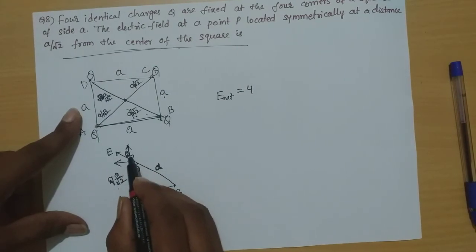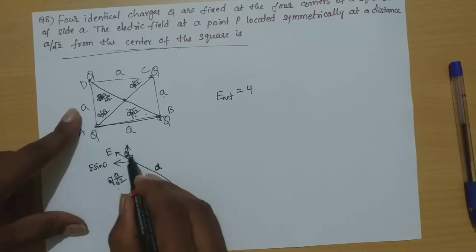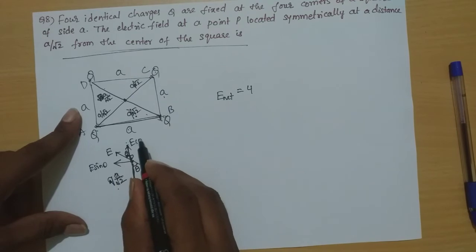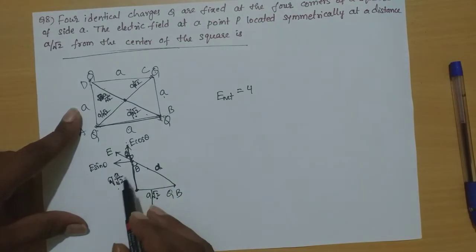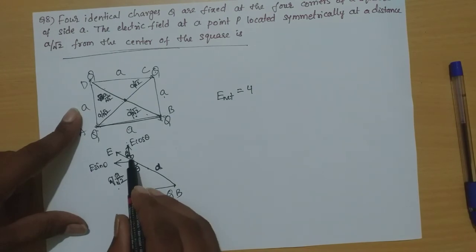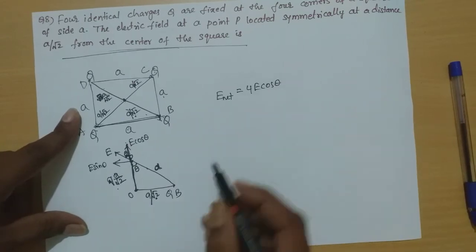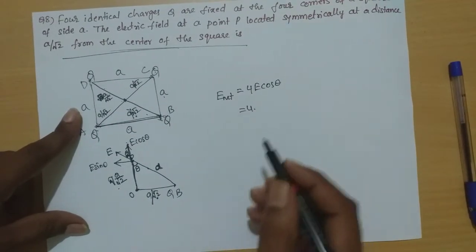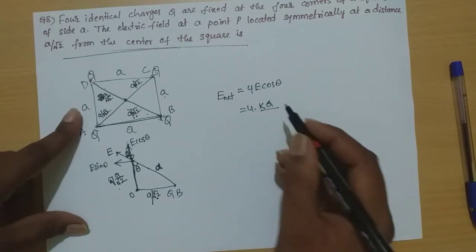This net electric field is due to the four charges, so 4 into the upward direction. This is the theta, no? So this one will become E sin theta, this will become E cos theta. So in the vertical direction we have E cos theta. So due to the 4 charges, the net electric field in this direction is 4 E cos theta. Now E is nothing but K Q by R square.